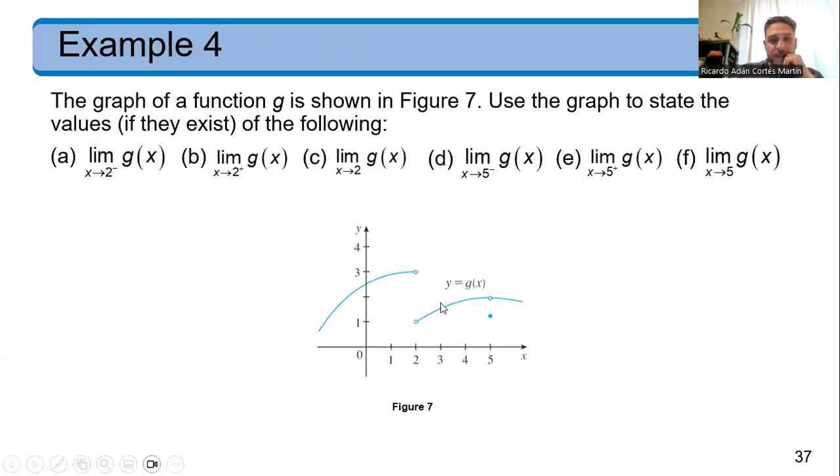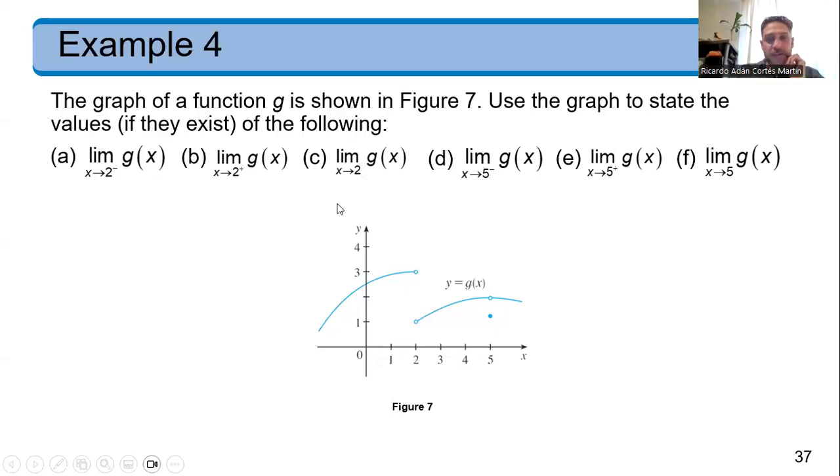Let's say, for example, notice this graph. So which are the limits of this? So we have the limit of g of x as x tends to 2 from the left, the limit of g of x as x tends to 2 from the right, the absolute limit of g of x as x tends to 2, and the same limits, but when x tends to 5.